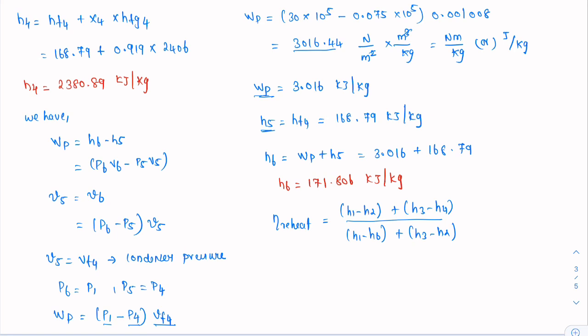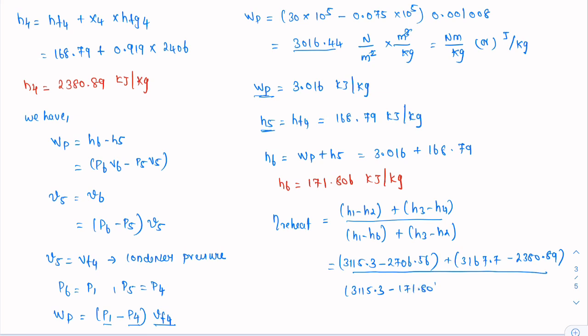The value of H1 is 3115.3 minus H2, which is 2706.56, plus the value of H3, which is 3167.7, minus H4, which is 2380.89, upon H1, again 3115.3, minus the value of H6, which is 171.806, plus H3, which is 3167.7, minus the value of H2, which is 2706.56.